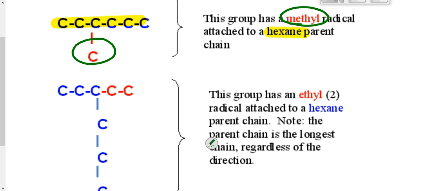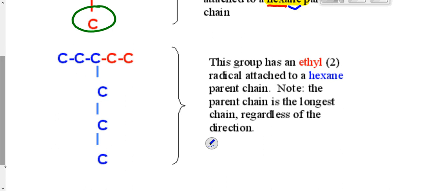Meth, because it's 1 carbon long, -yl, because it's a branch. Just as with our parent chain, hex, because it was 6 carbons long, and ane, because they were all single bonds.